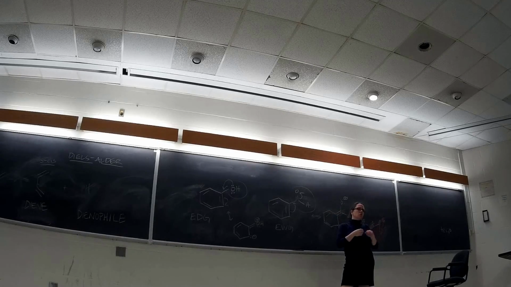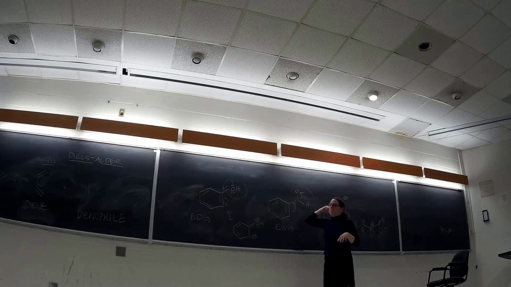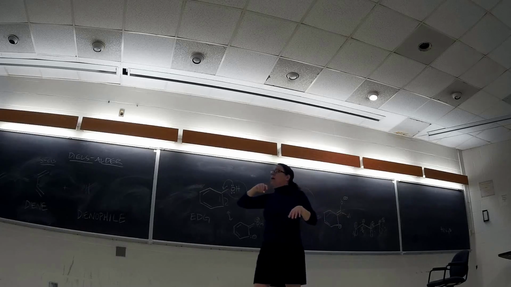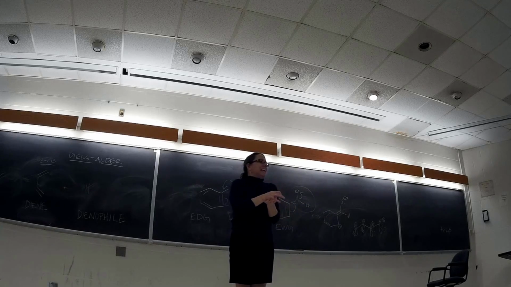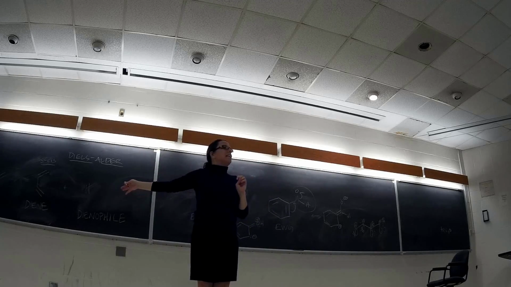And there's two sort of generics about those. First, they're sp or sp2 hybridized, the directly attached atom to the system. And second, they're generally involved in a bond to an electronegative atom. Oxygen counts. Okay?